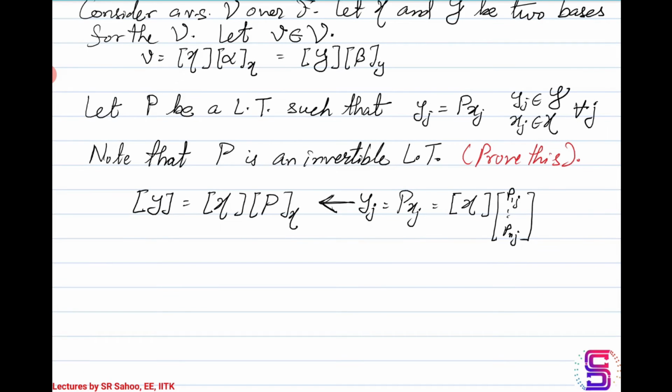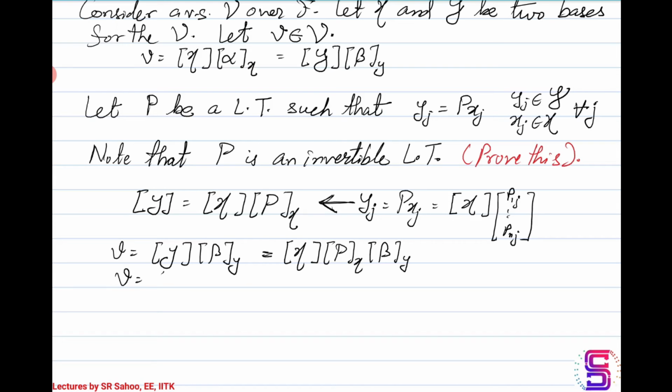Now, v is what? Basis Y into beta Y. And if we replace Y from upstairs, what we get is this. But we also know that v in terms of basis X is this.